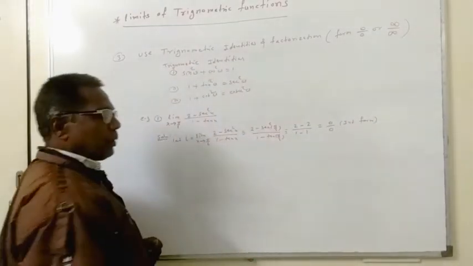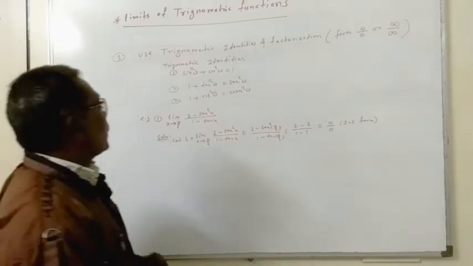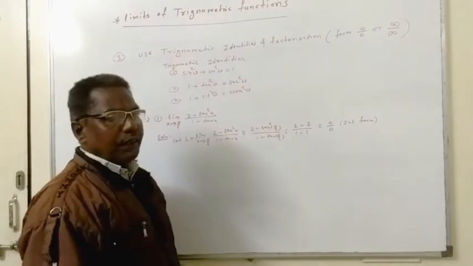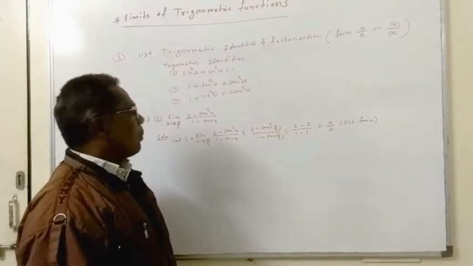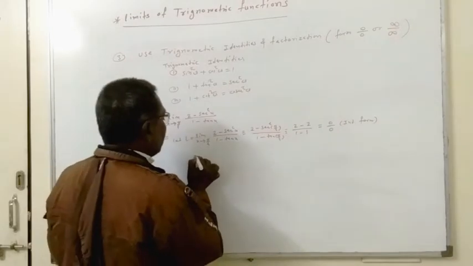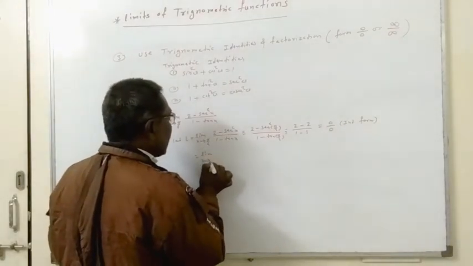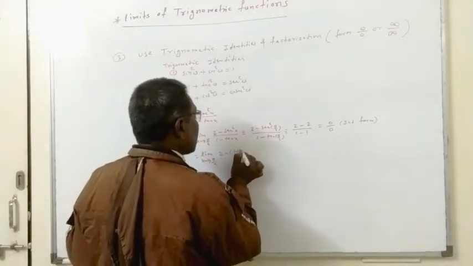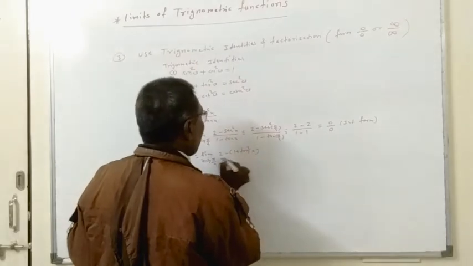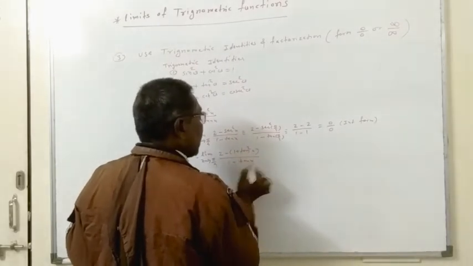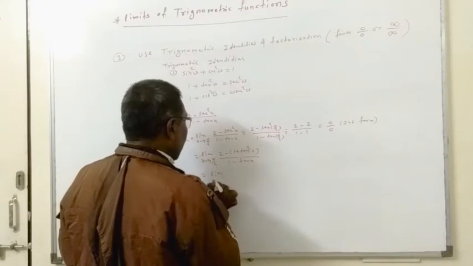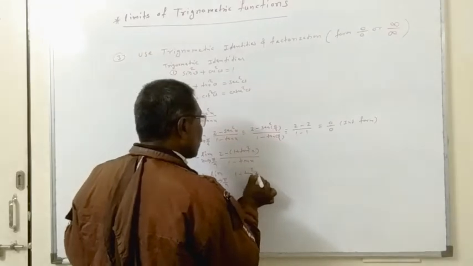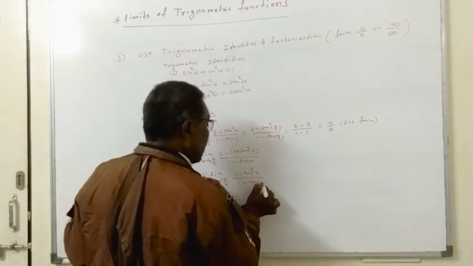Now here we will observe the function. The function is a trigonometric function, with tan x in the denominator and sec square at the numerator. We know there is an identity between tan and sec: 1 plus tan square is equal to sec square. So we will use that identity here. Limit x tends to pi by 4 of (2 minus sec square x), where sec square x is 1 plus tan square x, divided by (1 minus tan x). That is equal to limit x tends to pi by 4 of (2 minus 1, that is 1, minus tan square x) divided by (1 minus tan x).